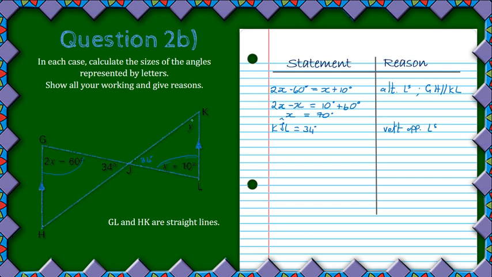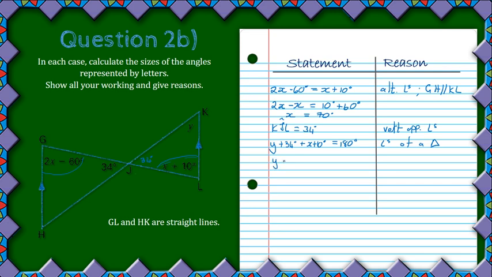But let's just substitute everything in as it is, because we know that all of these added together is 180 degrees. So I'm going to say that y plus 34 degrees plus this x plus 10 degrees is equal to 180 degrees. My reason, angles of a triangle. And then since I know x's value is 70, I can just substitute that in there.